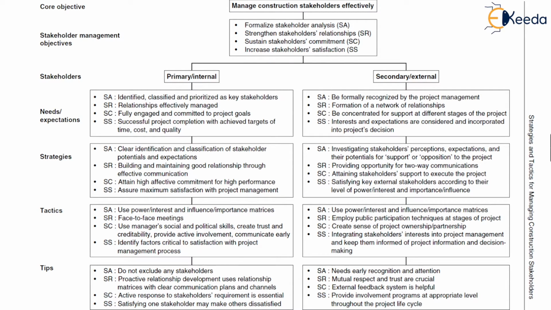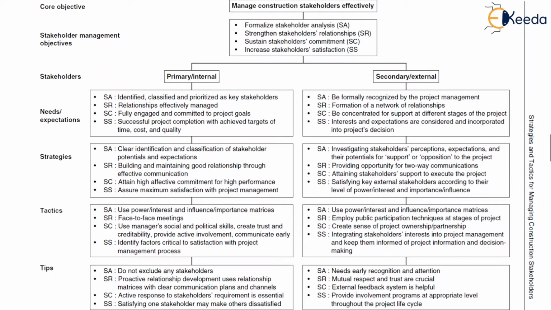Now we see how construction stakeholders can be managed effectively. After formal stakeholder analysis is done, you classify them as primary or internal, or secondary or external stakeholders. The needs and expectations of these are listed for each type.